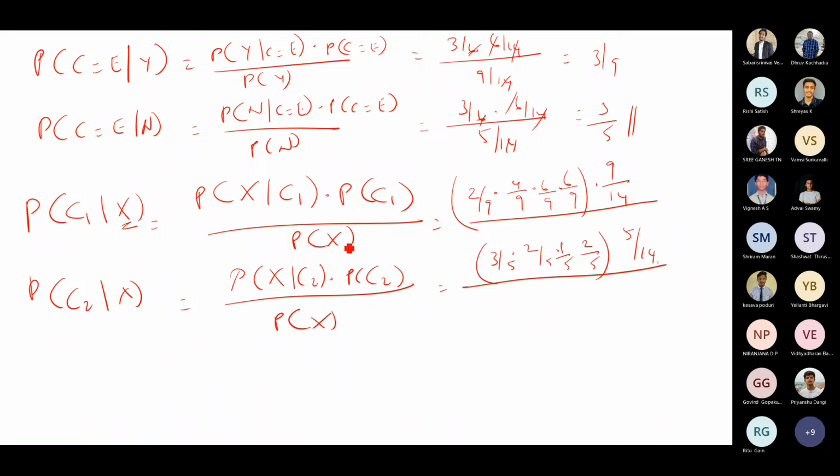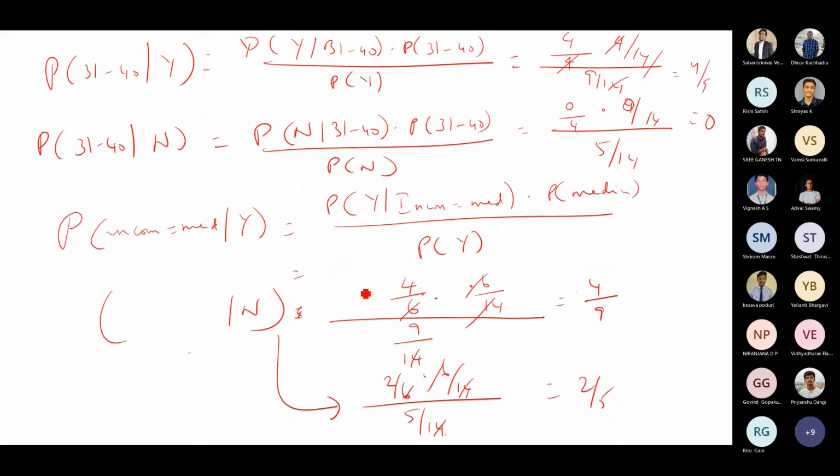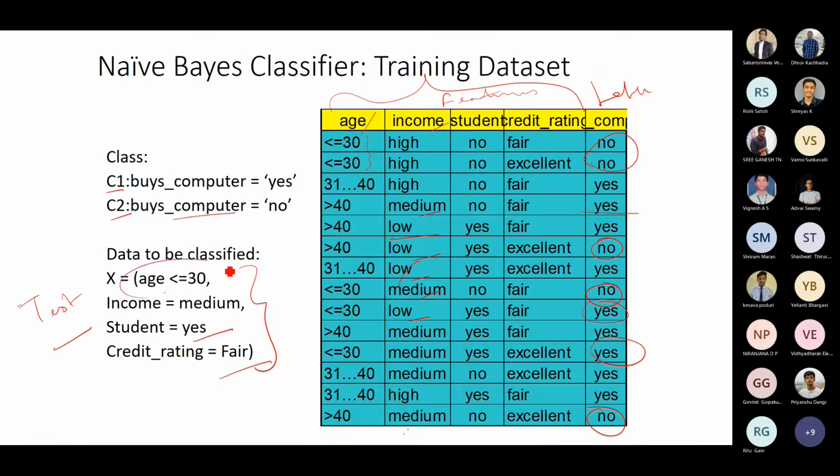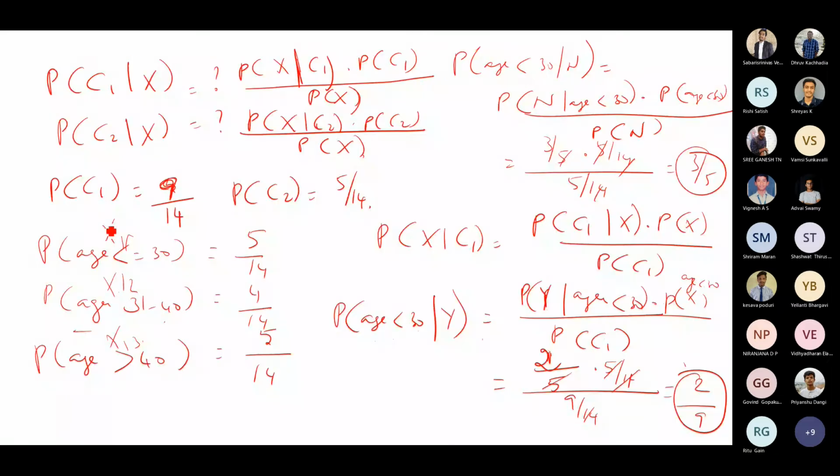Now divided by probability of x. Now what is x again? X has got multiple values. So age less than or equal to 30, that is 5 by 14.